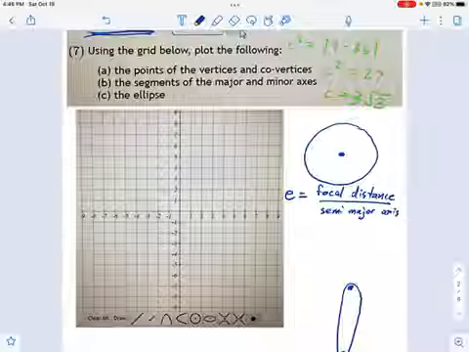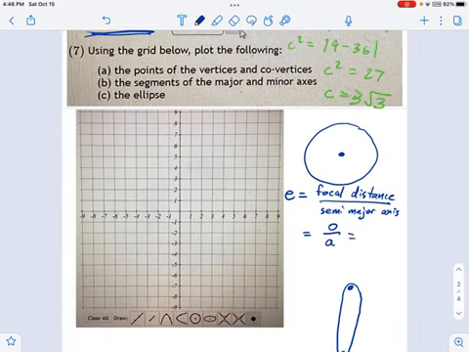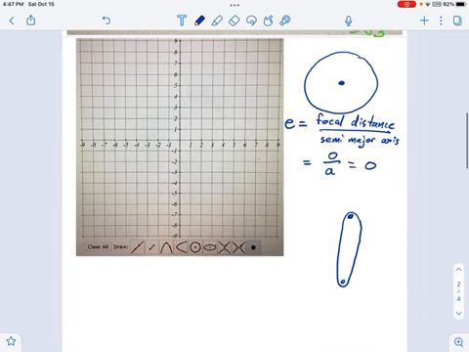So in the case of a circle, that would be what? The focal distance is 0. It's right on the center. And the semi-major axis, I don't know, is anything. It could just be a, but that's going to be 0. So the eccentricity of a circle is 0. Whereas in this case right here, notice that the focal distance, that distance, is almost the same as the semi-major axis distance. So in this case, something very, very elliptical, this would be almost equal to 1.